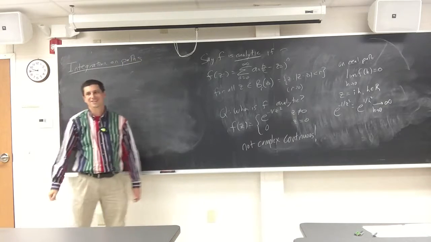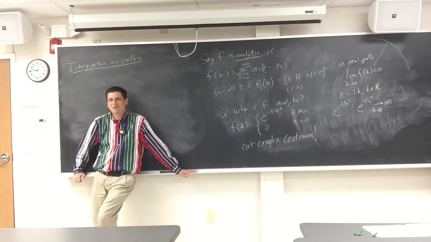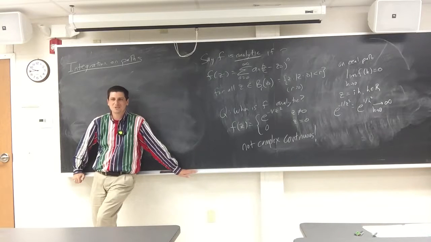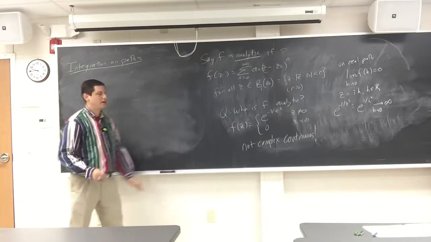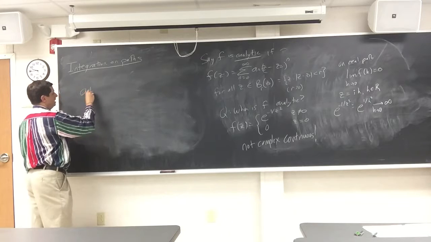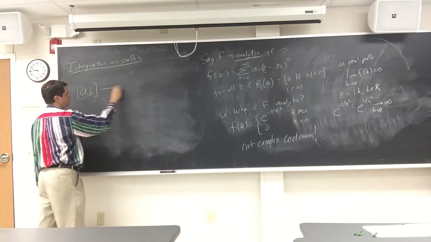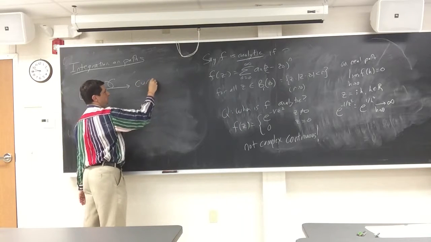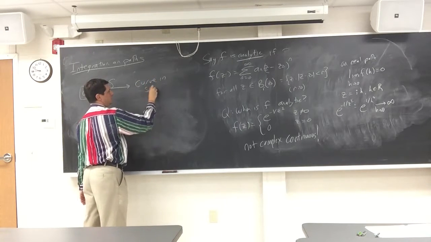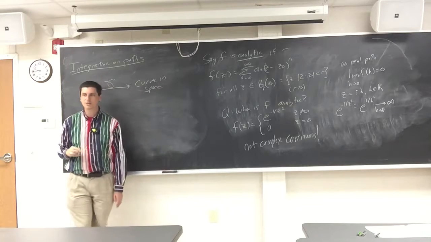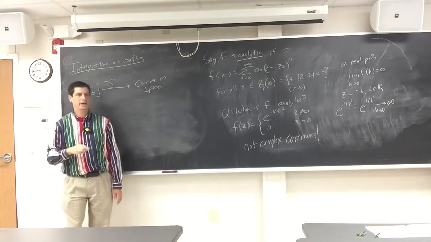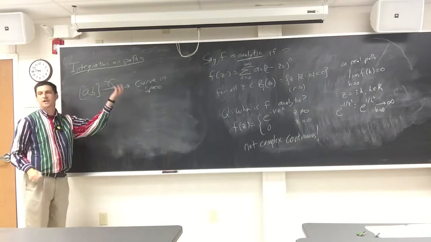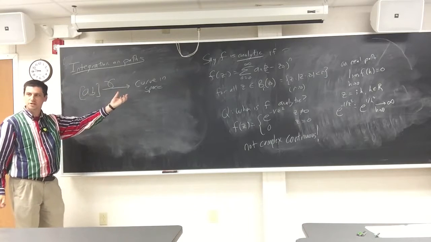Now, we will eventually leave Calc 3, but this is yet another instance where Calc 3 is helpful. How many of you remember path integrals, where you have some kind of curve in space? So you have an interval [a, b], and you have some map, say gamma, which maps it to a curve in space. And the space could be the plane, it could be 3-space, it could be higher. Gamma of a is the start of the curve, gamma of b is the end of the curve.